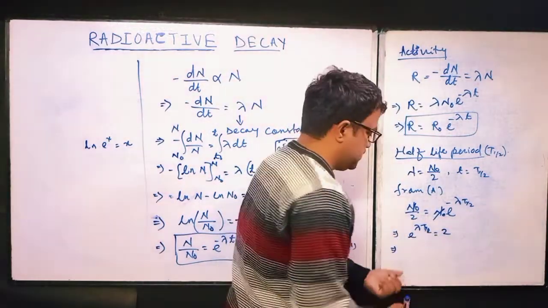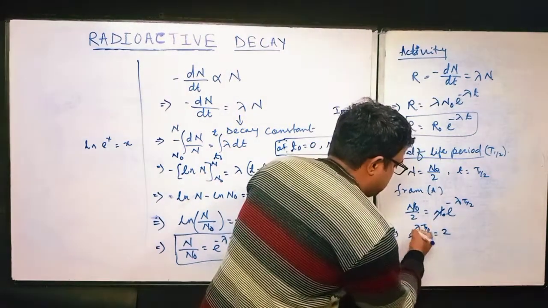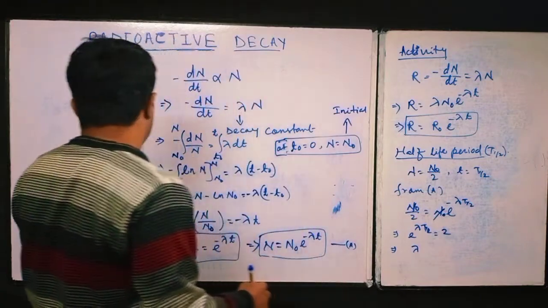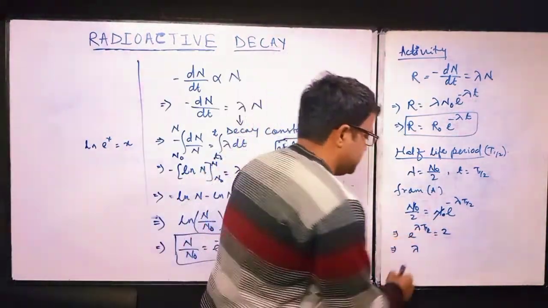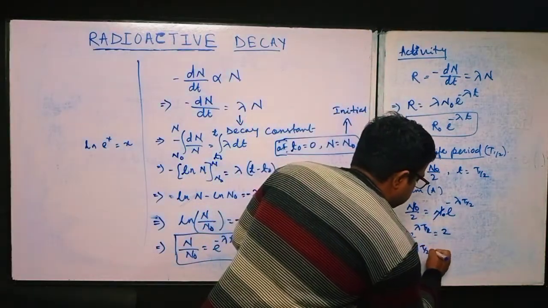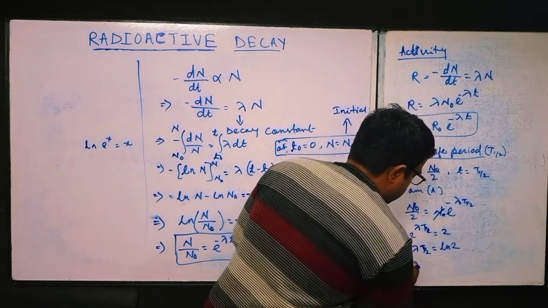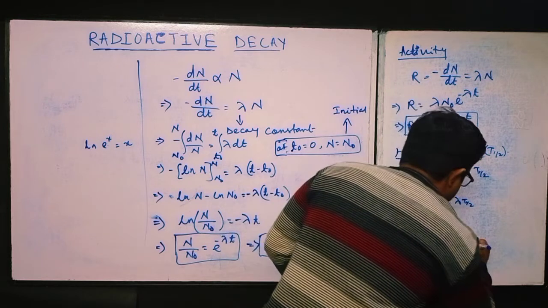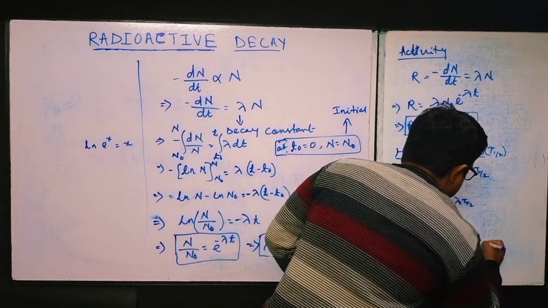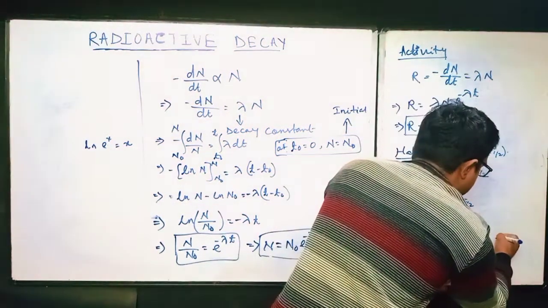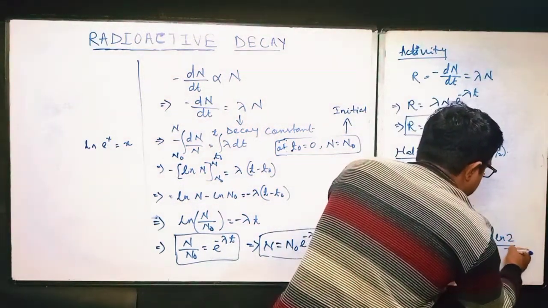If we take ln on both sides, ln e to the power x equals x. So ln e to the power lambda t half equals lambda t half, equal to ln 2. Or you can say t half equal to ln 2 by lambda.